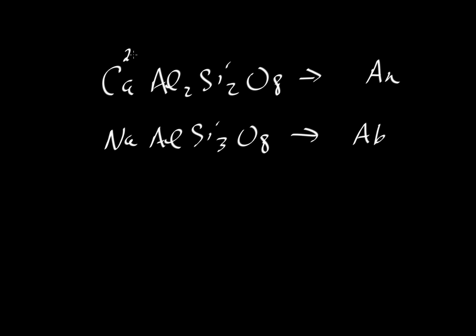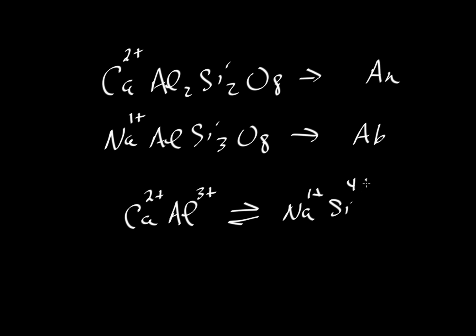Again, we have a 2+ charge over here and a 1+ charge over here. The coupled substitution looks something like this. We can have a calcium 2+ and an aluminum 3+ be exchanged for a sodium 1+ and a silicon 4+. Notice that both of these add up to a charge of 5.